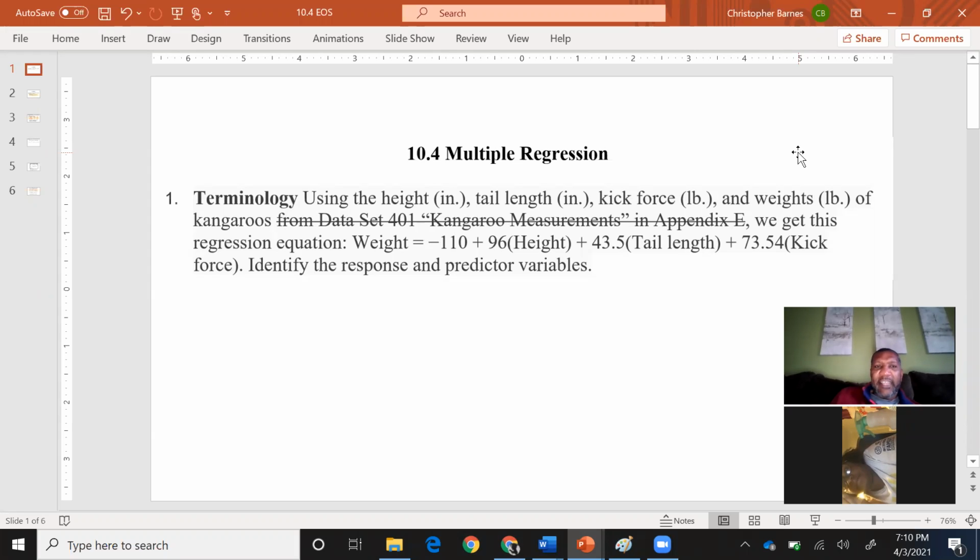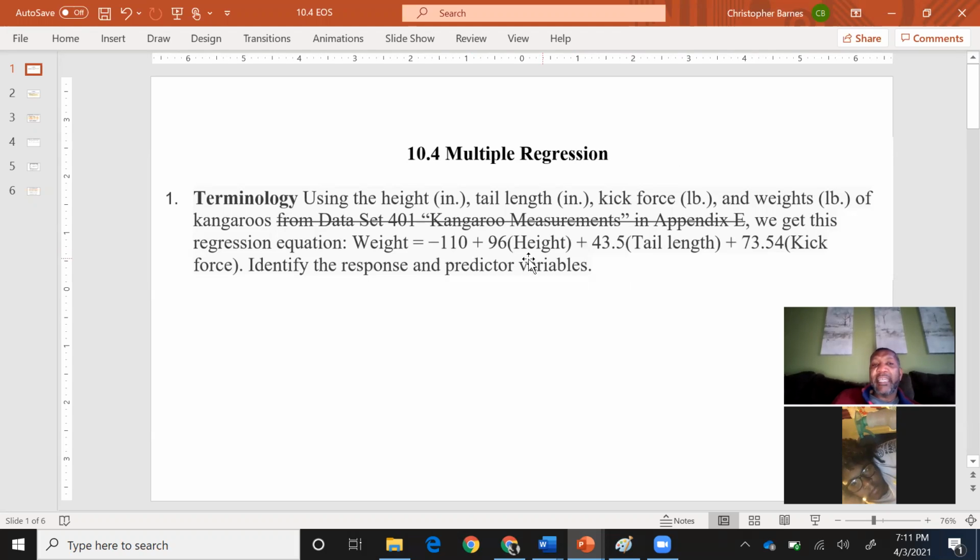Okay. All right. So question number 1, right? It's saying terminology. Now we're on multiple regression, and it's asking, using the height, tail length, kick force, and weights of kangaroos, we get this regression equation: y-hat equals negative 100 plus 96 height plus 43.5 tail length plus 73.5 kick force.